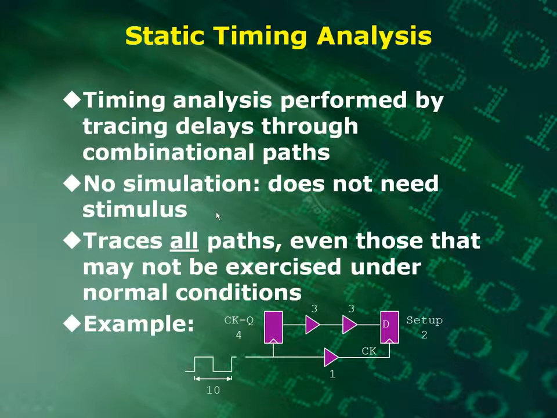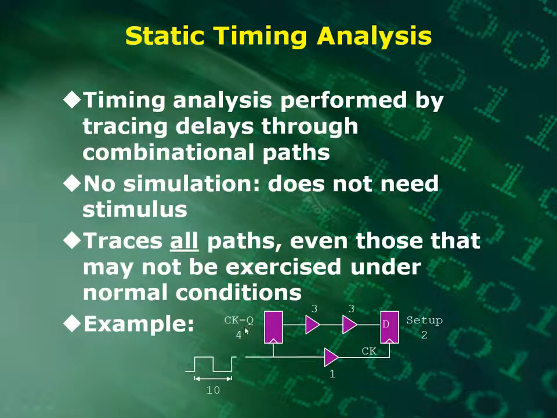So the timing analysis is performed by tracing delays through the combinational paths. Okay, so you don't have to do any simulation to do this. It doesn't have to feed any stimulus in order for it to figure this out. It calculates it, okay, with what we previously talked about, the delay calculator. So the tool will actually trace all the paths, even those that may not be exercised under normal conditions.